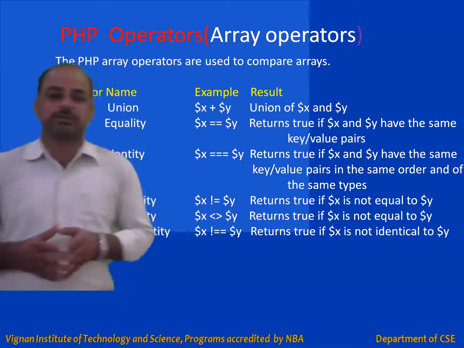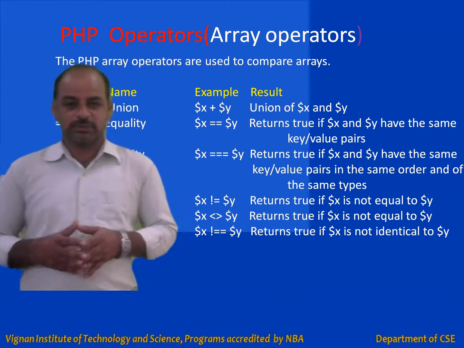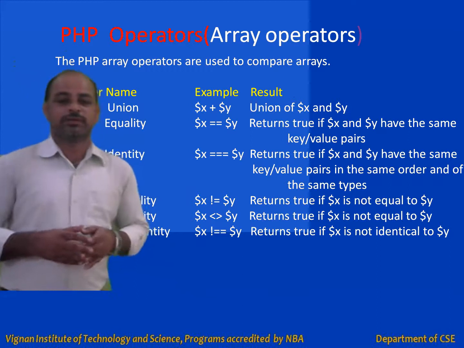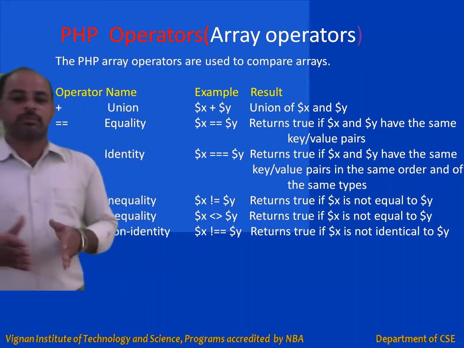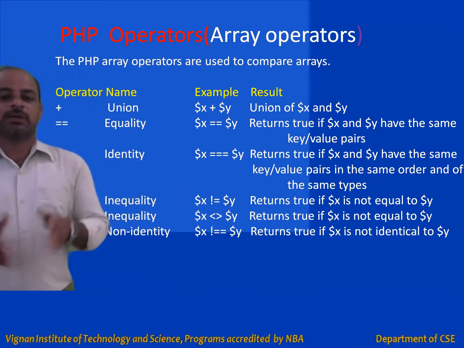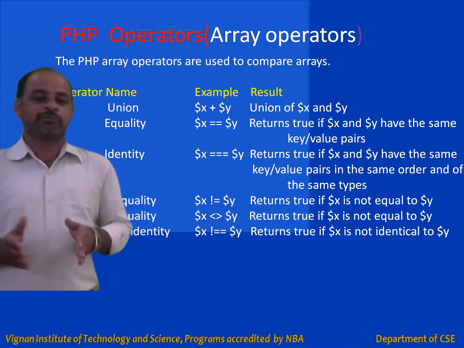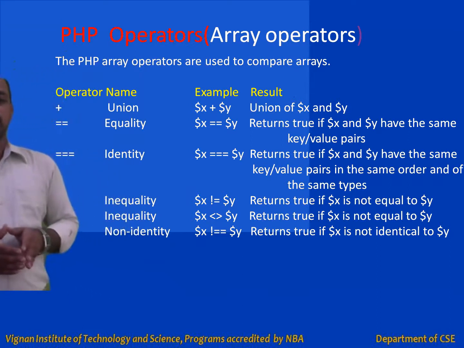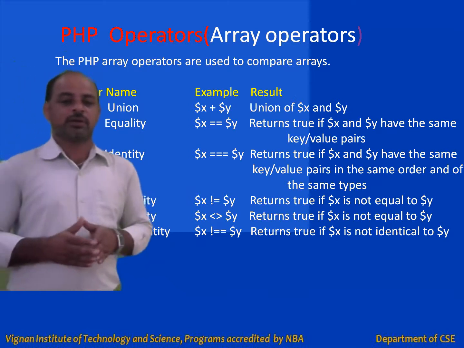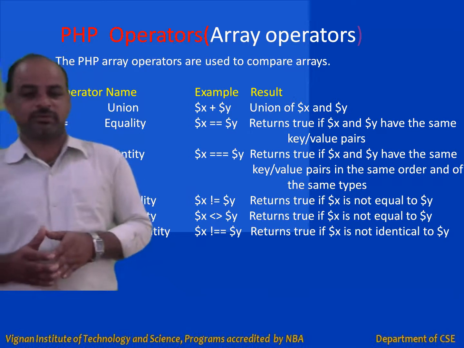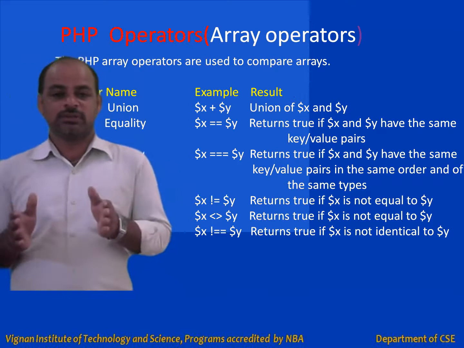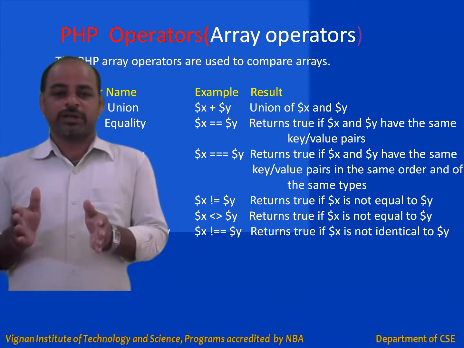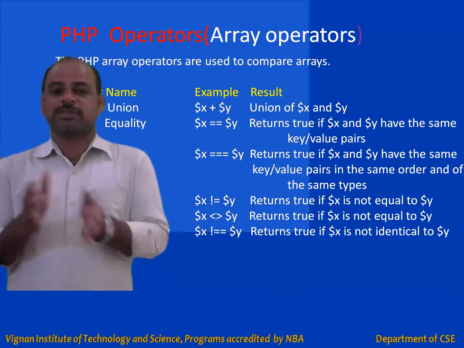Another kind of operators in PHP is array operators. Basically, there are various types of array operators: union operator, equality operator, identity operator, inequality, and non-identity operators. These array operators perform operations on arrays.